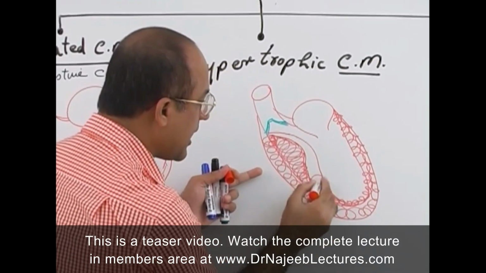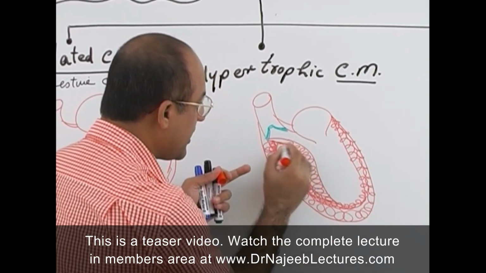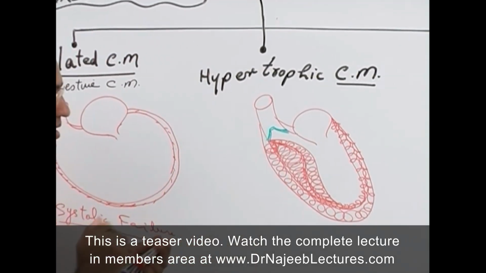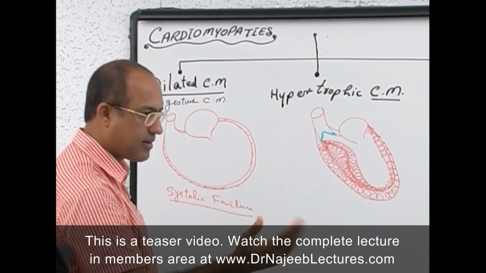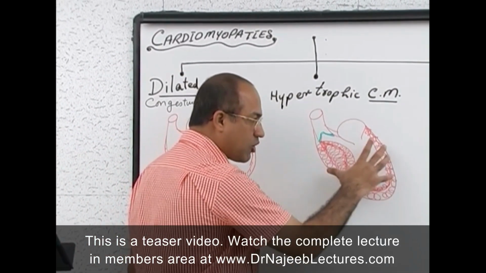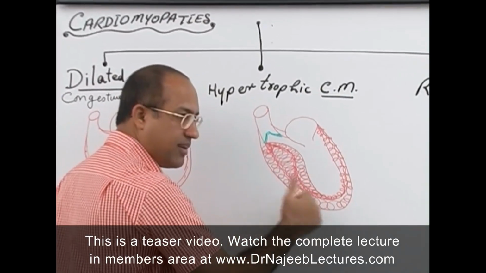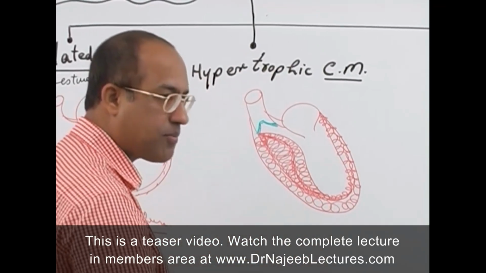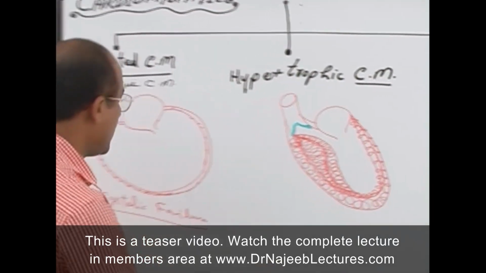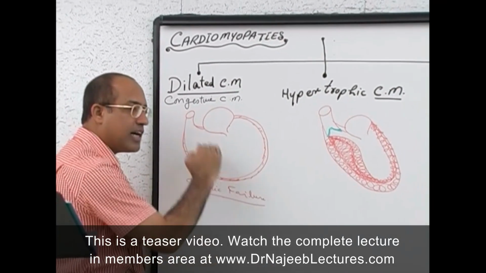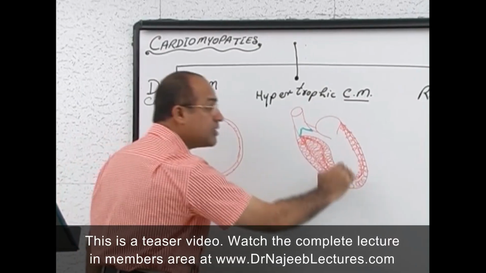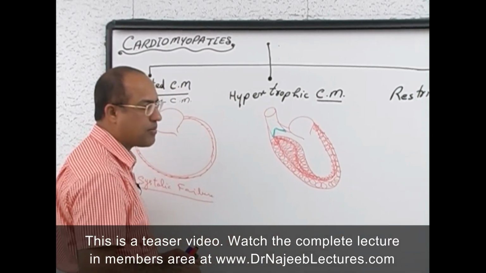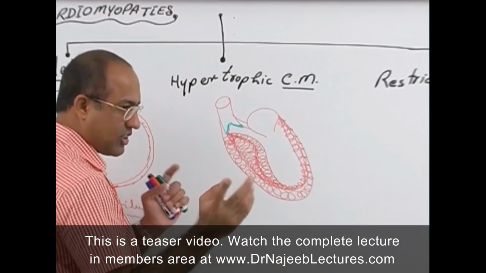Now this septal hypertrophy has a very special type of hemodynamic problem. Look here. The ventricle will contract strongly because there is more muscle. It is a hyperkinetic heart. Remember, dilated cardiomyopathy was hypokinetic. This is hyperkinetic. But there is one problem. Please pay attention here.